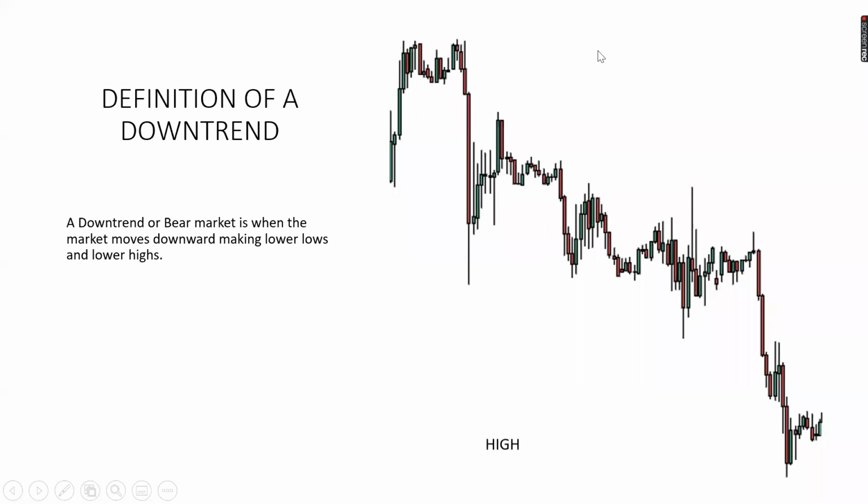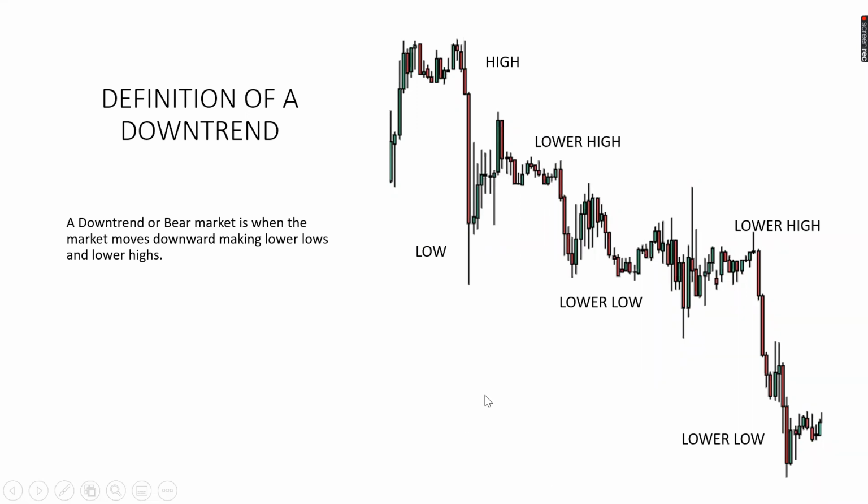So, same thing here. We start off with a high, then we got a low. Then we got a lower high, lower than the previous high. You have a lower low. And that pattern continues just the same, giving you a downtrend.